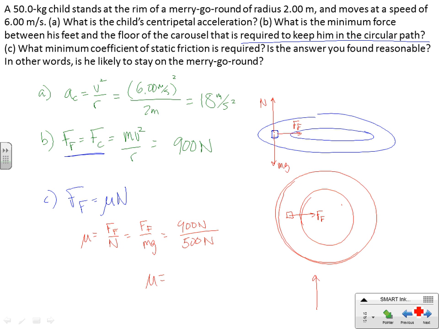We get a mu of 1.8. Right? Yeah, 1.8. Oh, right. Is the answer you found reasonable? No. In other words, is he likely to stay on the merry-go-round? No. Child falls and hurts himself. Sorry, everyone. Yeah, not likely to stay on the merry-go-round.